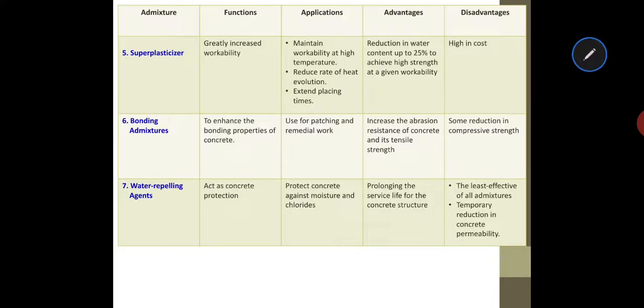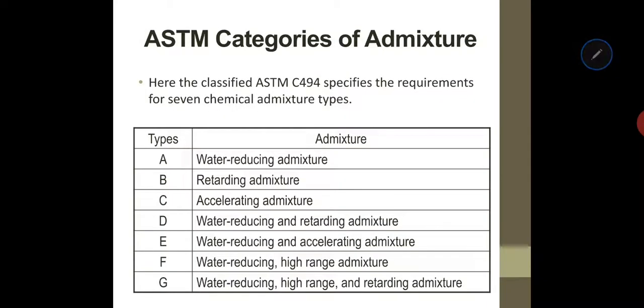Okay, of course you cannot simply use them. We have the guideline for using admixture in your concrete mix, which is the ASTM categories of admixture. We are using ASTM C494, which specifies the requirements for 7 chemical admixture types. So these are all the types.